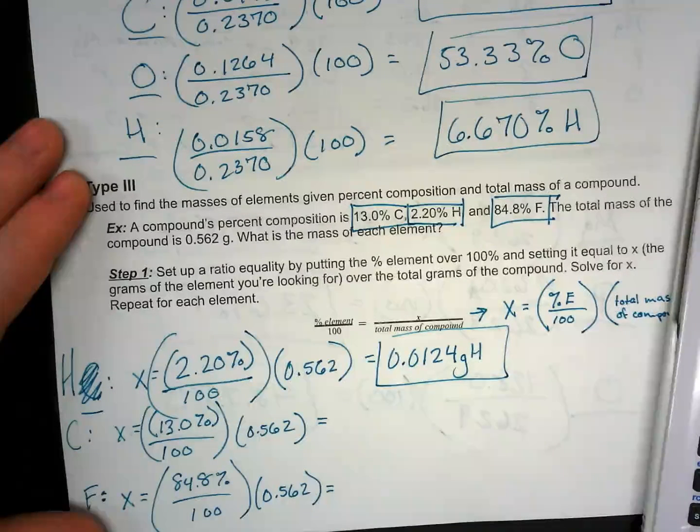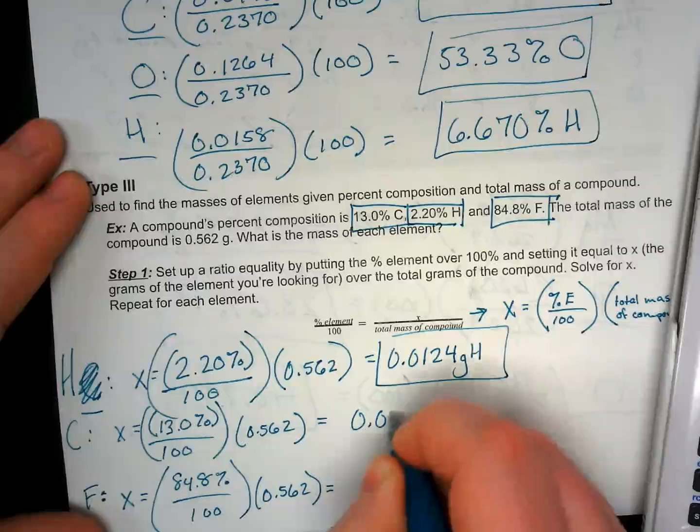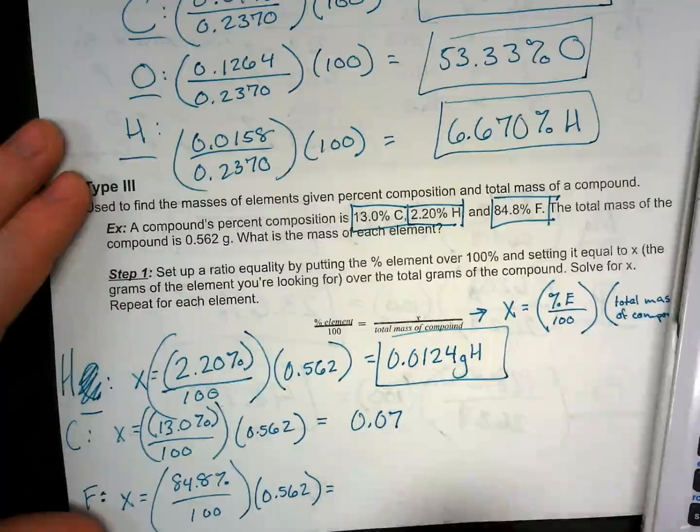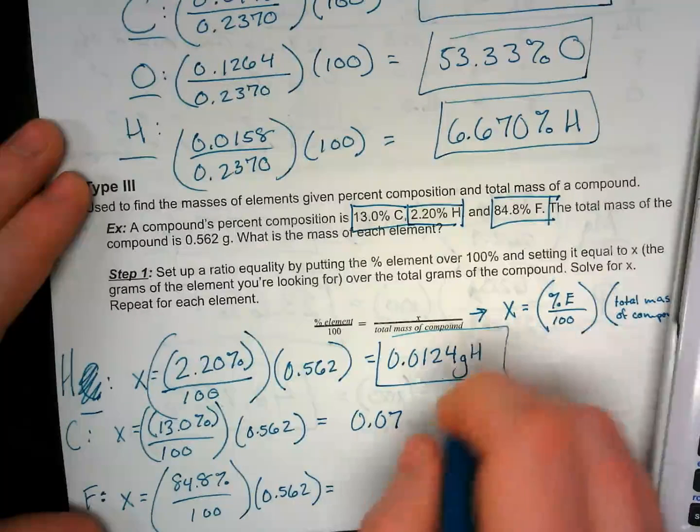Divided by 100. Times 0.562. 0.07. Yeah, okay, I was going to say, wait a minute.